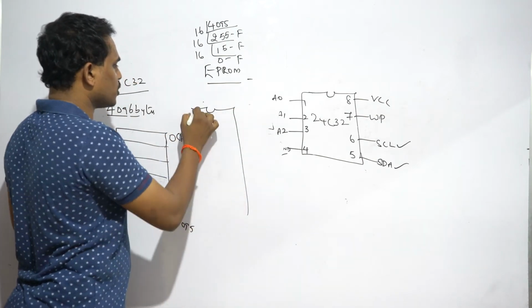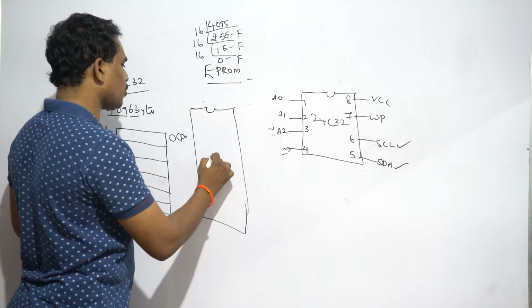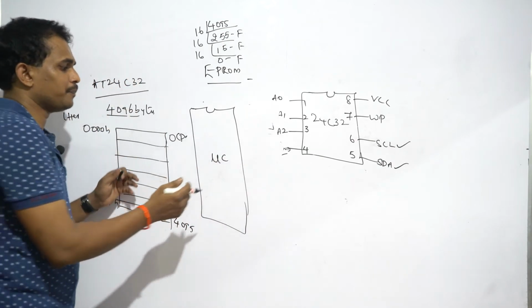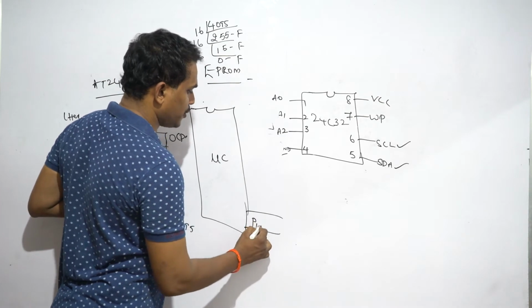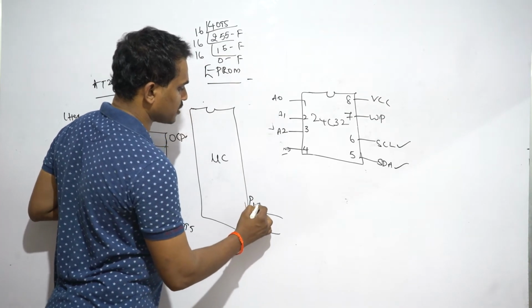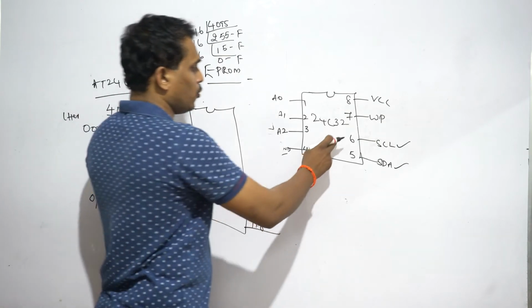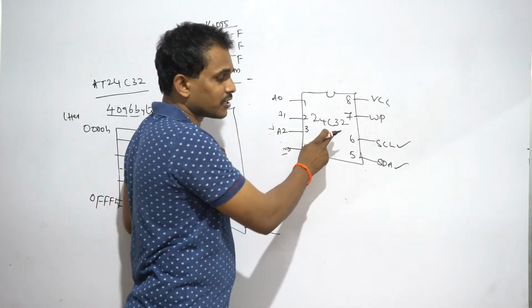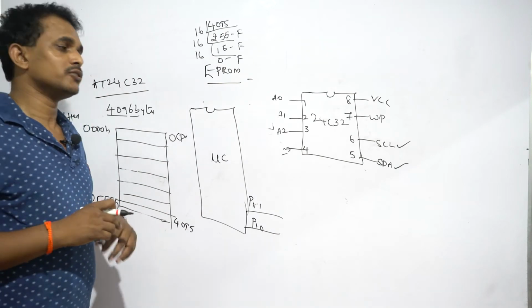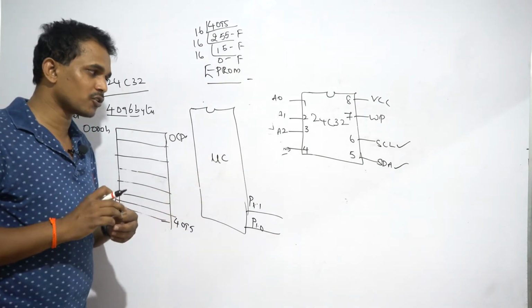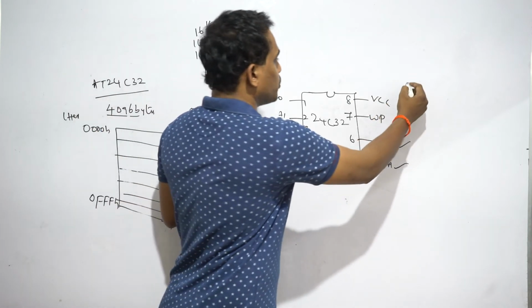Suppose this is your microcontroller which does not support on-chip I2C. Then any 2 IO lines can be made the SDA and SCL lines. These I2C devices with 2 lines, SDA and SCL, are open drain. Open drain means that whenever you want to use them as normal pins, you need a pull-up resistance.